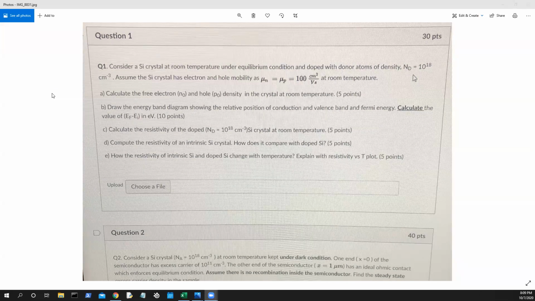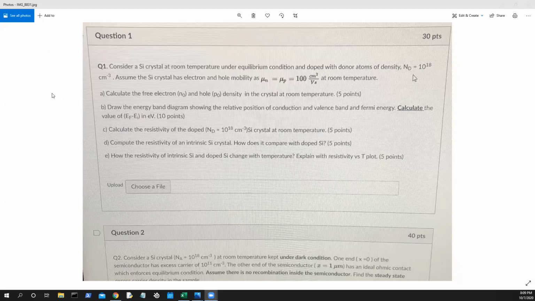So first off, we know that this is majority electron. So when it asks for the free electrons, N0 directly is equal to Nd, which is directly equal to 10 to the 18th. So that's all you need to do for the electrons. And then for the holes, we have to whip out the law of mass action, which happens to be N0 times P0 is equal to Ni squared.